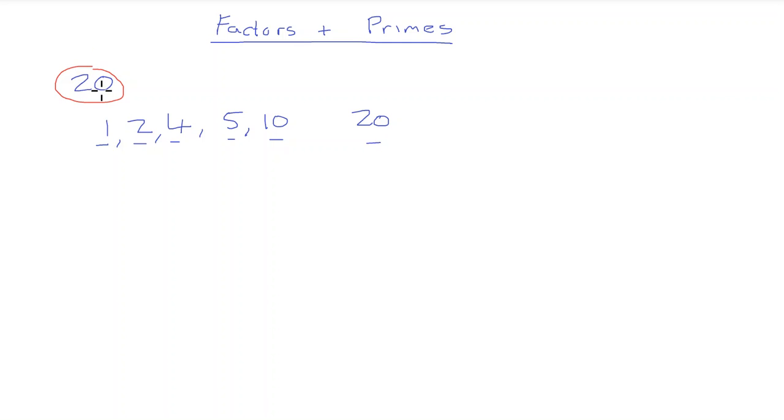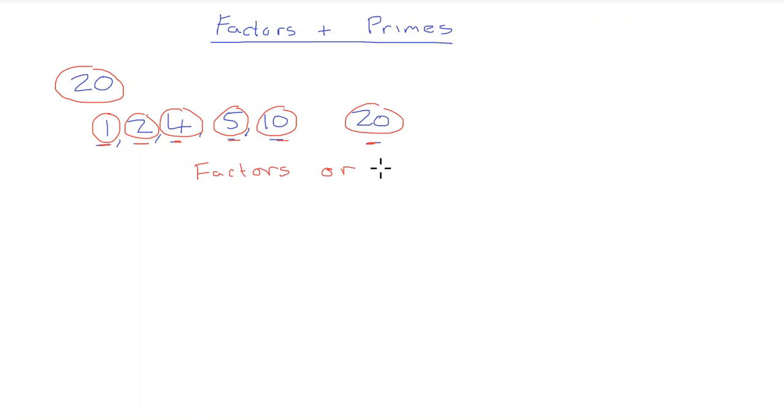Or another way to think about it is that all of these numbers here will divide in evenly into 20. So each of these numbers can be thought of as factors.